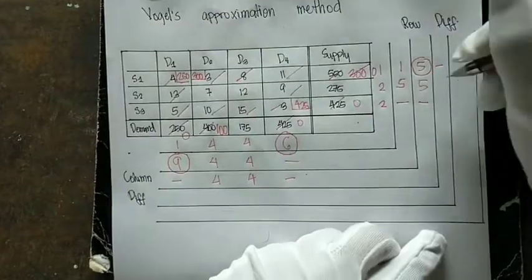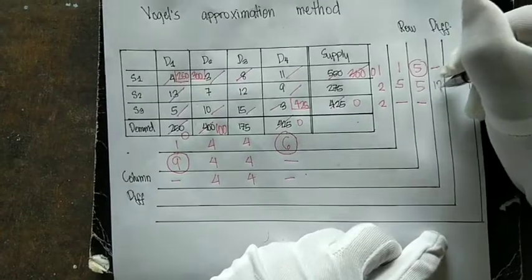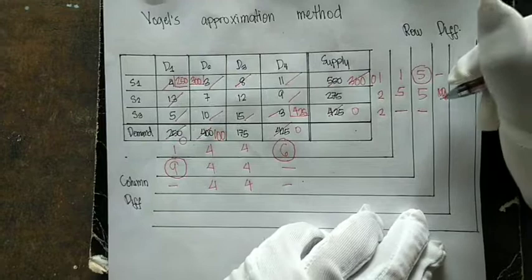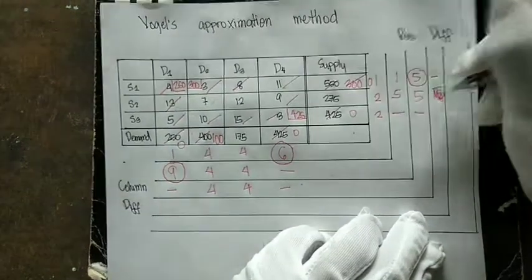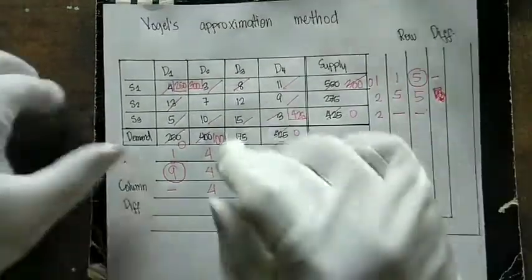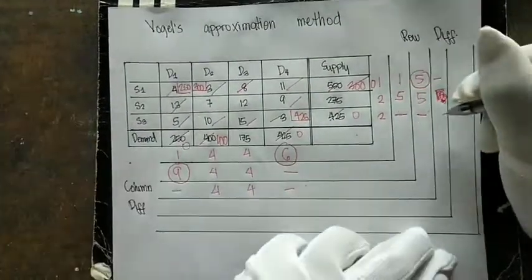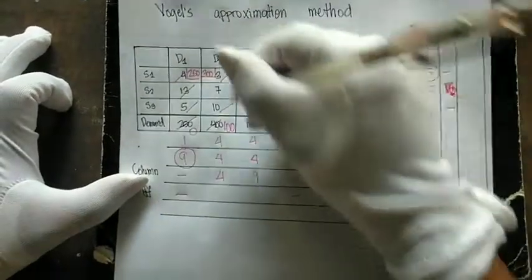7 and 12, our second row, we will get 5, because 12 minus 7 is 5. And the last row will be cancelled, and the first column will be cancelled.